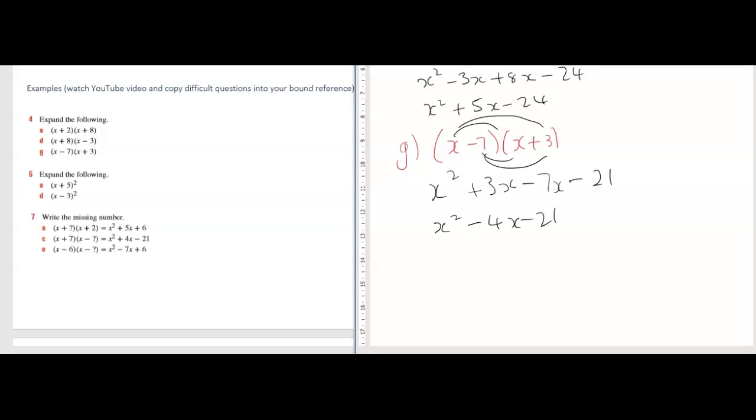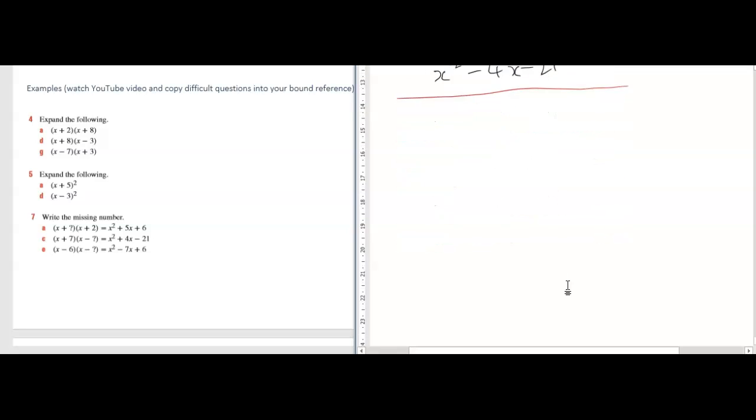Okay, question 5. Okay, so let's just scroll up. We've got x plus 5 squared. Now you can expand that.